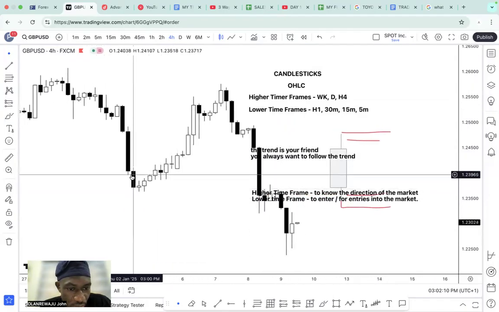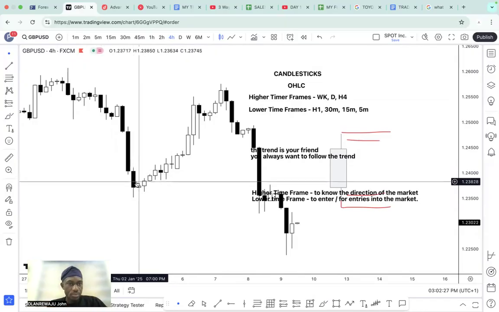This particular candle, what is the open? 1.24038. Where did it close? 1.23717. I want you to take note of the next candle. What is the open? 1.23717.